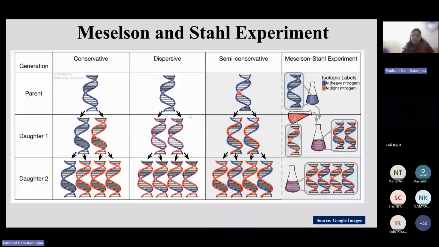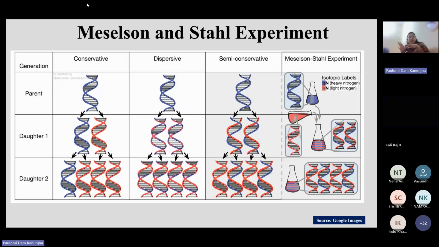Why intermediate? Because it had N14 and N15 together. So just for your ease, you can imagine N15 with N15 will be 15 plus 15, 30, and N14 with N14 will be 28. But intermediate is when you have one N15 and one N14, that will be 29.